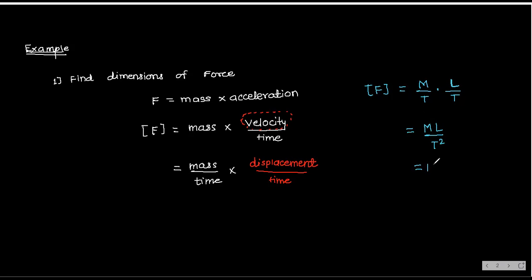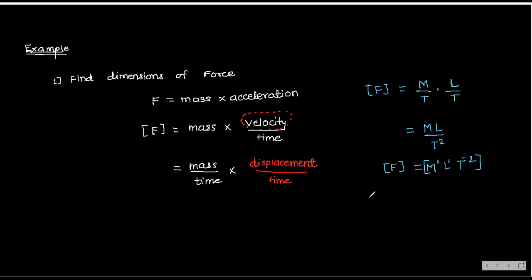So this is equal to M power 1, L power 1, T power minus 2, and we should keep it in a square bracket. So these are the dimensions of force.